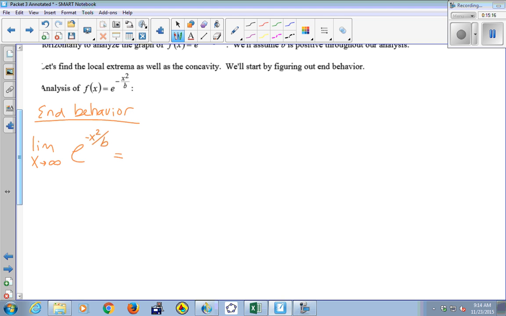This numerator is getting really big, but negatively, right? This is bad notation, but it's like this is what's happening, right? It's going e to the negative infinity. So what happens when you raise e to a big, big, big negative number? It goes to 0, yeah.